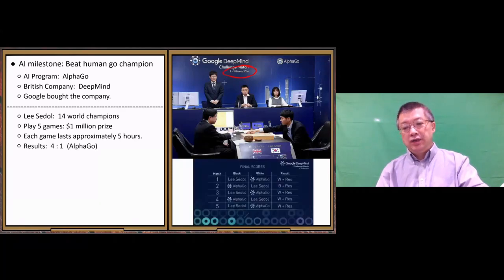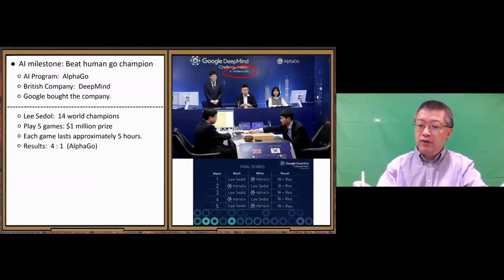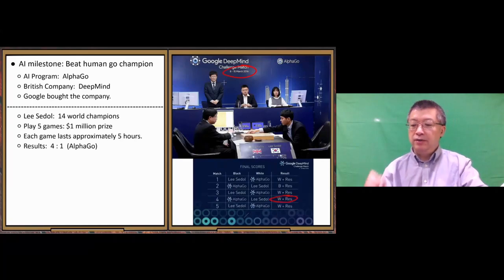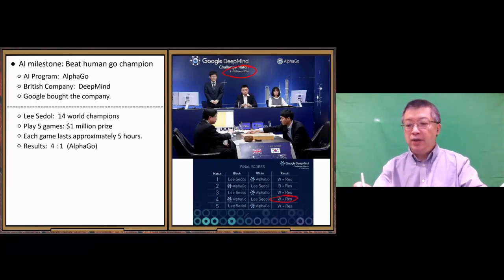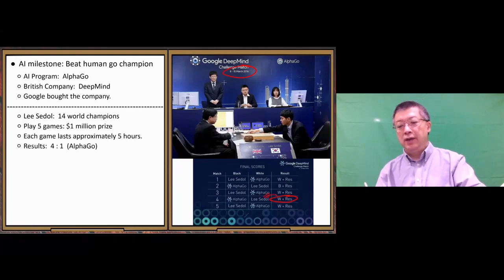Here you can see game 4. AlphaGo lost to Lee Sedol in game 4, with Lee Sedol playing white. But that was not a convincing game. That was a bad, horrible game.